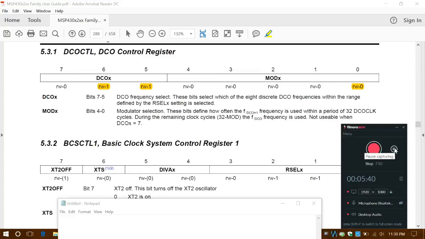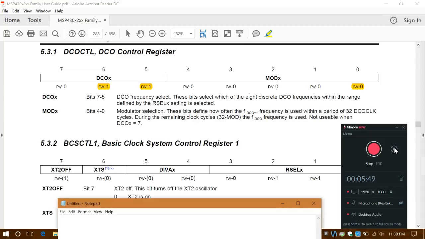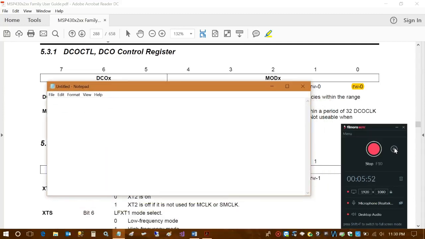So the DCOx value will be 0, 1, 1, that is 3, and you can get that over here. That is for the hex value 0b011, sorry, not 0x011. That comes to 0x3, and the default value for mod will be 0.